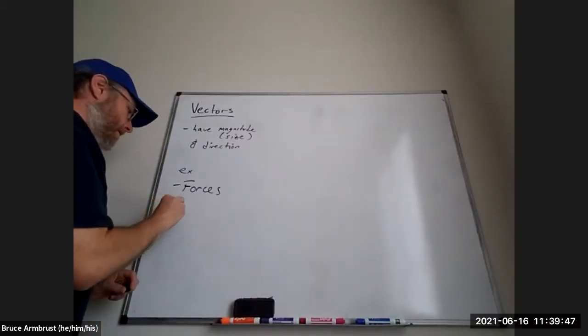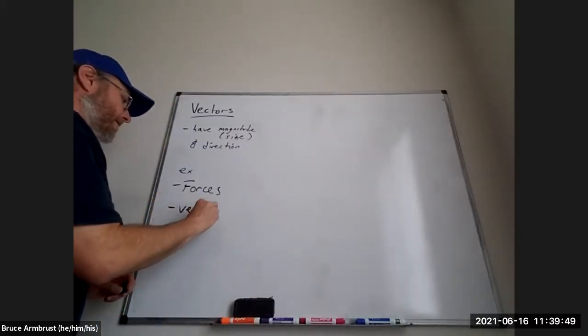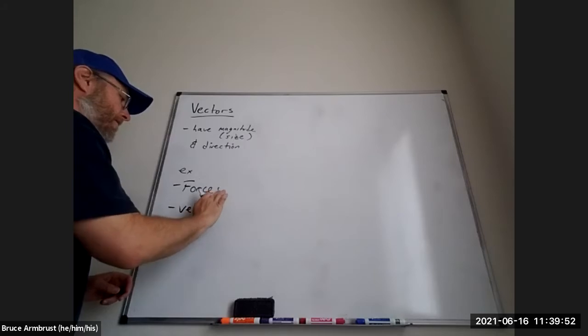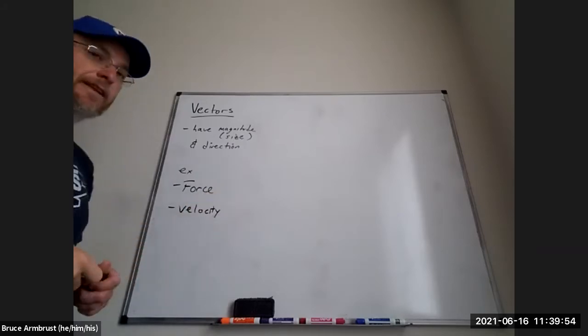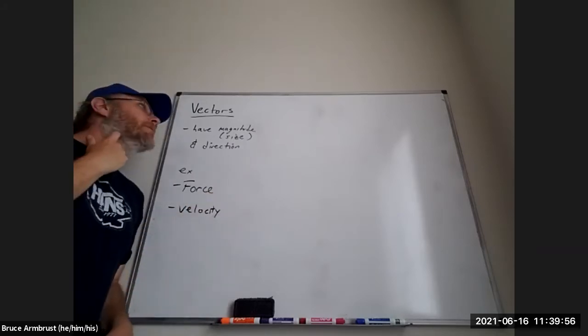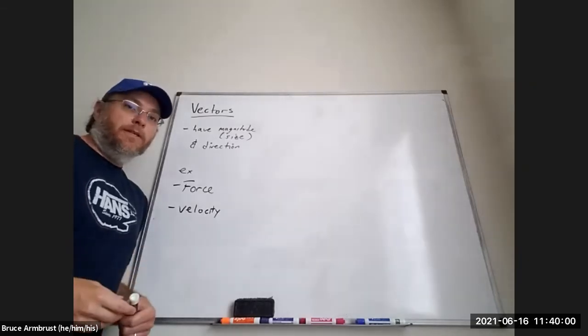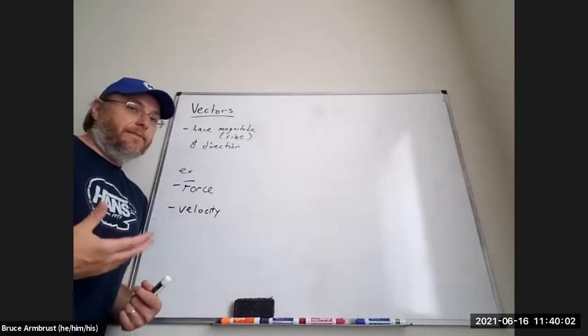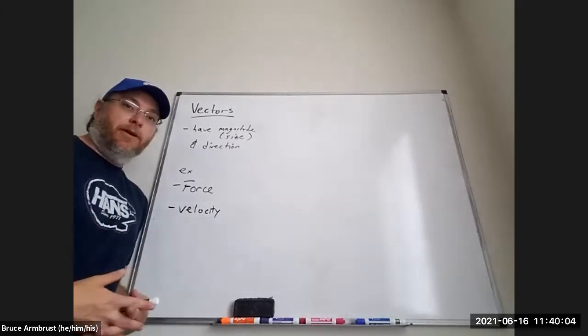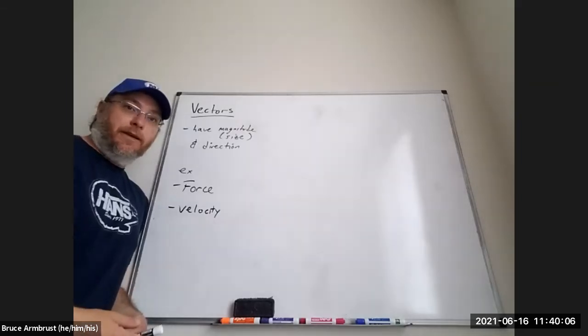Similarly, velocity. Velocity is another example of a vector. Okay. So when we're going to talk about a velocity, it doesn't matter just how fast you're going, but also in which direction you're going.